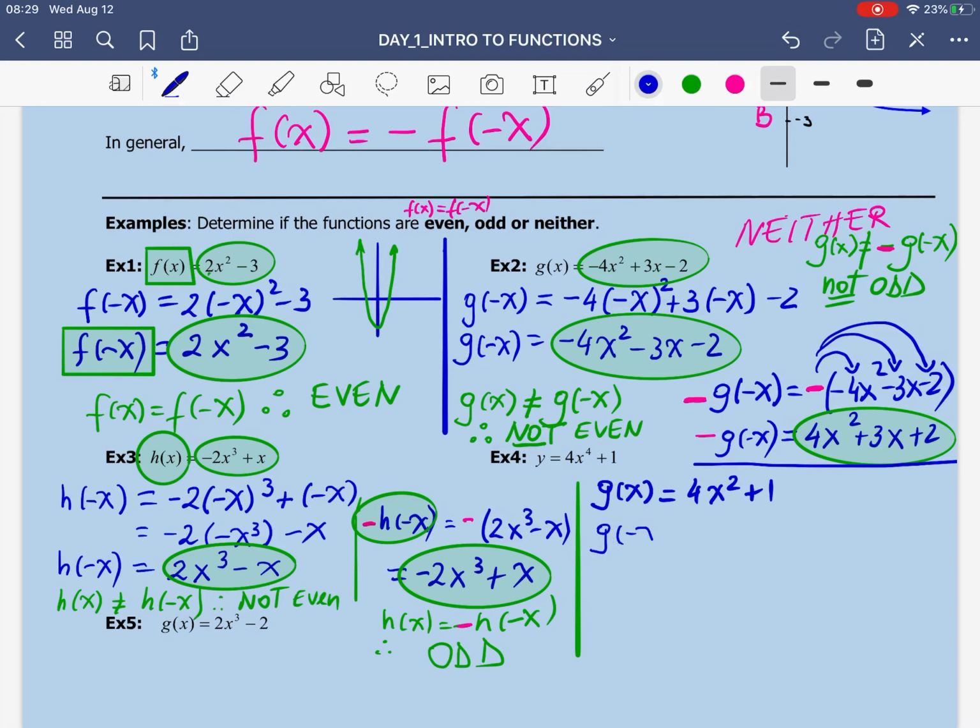So I'll start with g of negative x. So replace x by a negative x, to the power of 4. And here we go. We get 4x to the 4 plus 1.